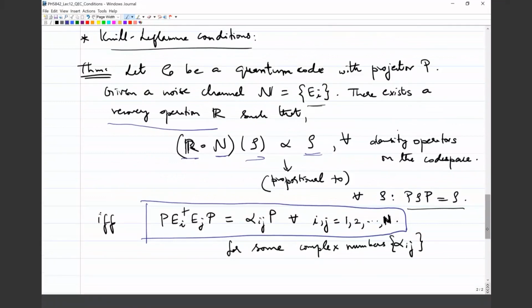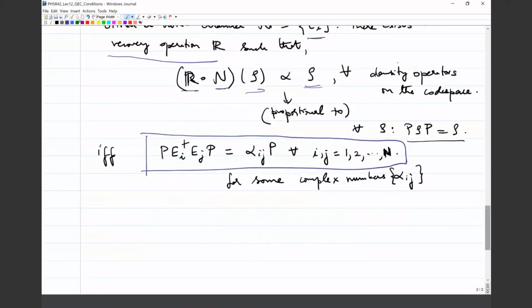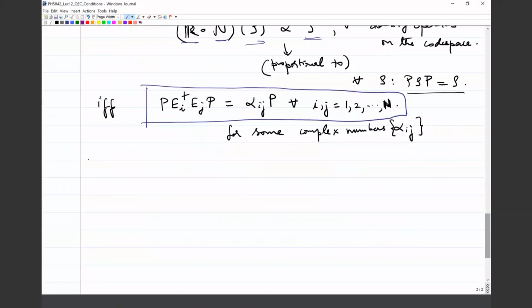Okay, so let's try to understand these conditions before we go about proving this theorem. So let me first note one thing. Look at this alpha_ij, right? So this is basically an N cross N matrix of complex numbers, because for every i and j, I can say i and j are both 1.